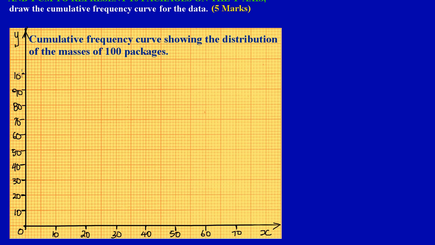I think I can stop there based on the information that I'm working with. Now we have just put in the correct scales on our graph leaf.